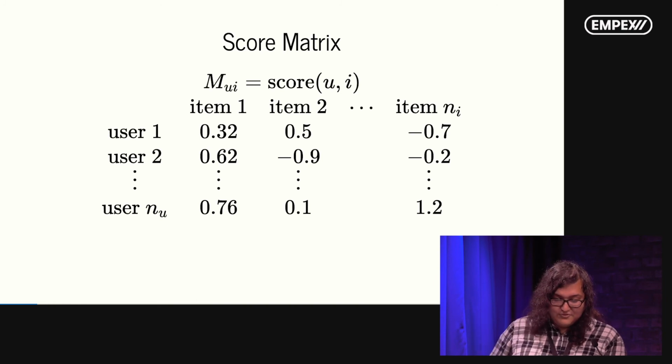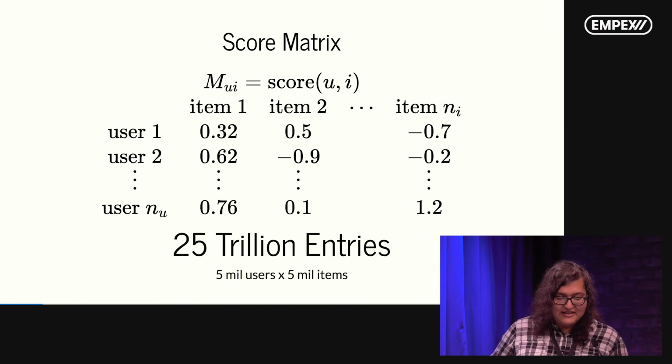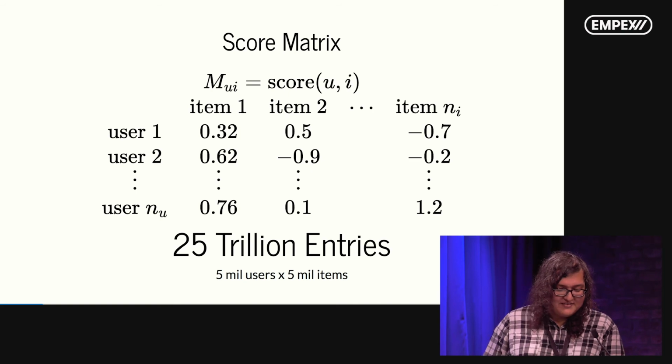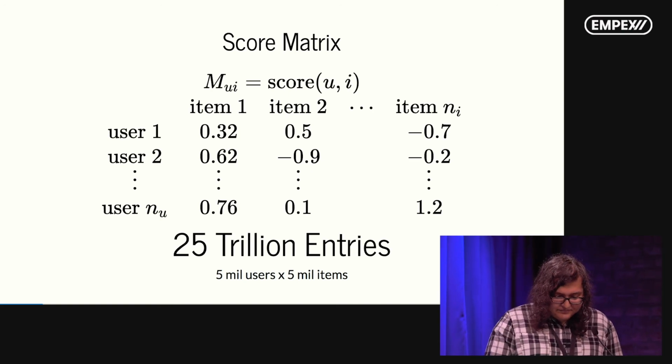This is huge. We have 25 trillion entries because we have 5 million users and 5 million items. And that's just not feasible for us to maintain in memory in a real-time system. It does work through our bulk processing system, but the turnaround times on that are hours.